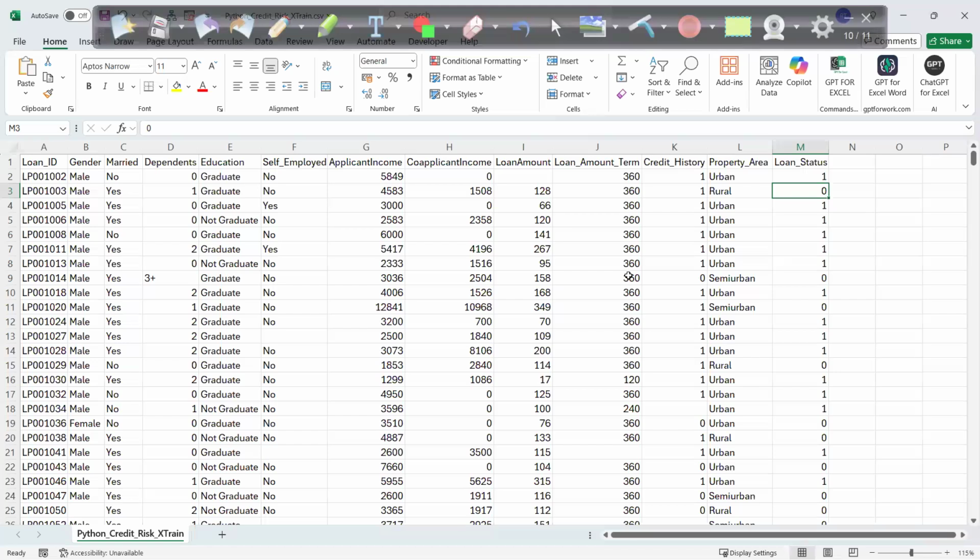Now, whenever you start analyzing the data, the biggest thing which we have to understand first is what is the end goal. You have to find the end goal.